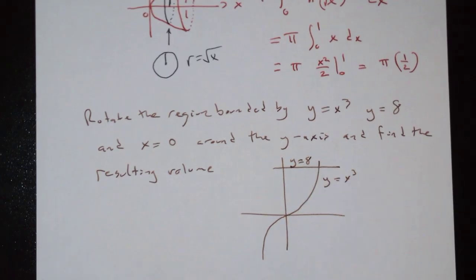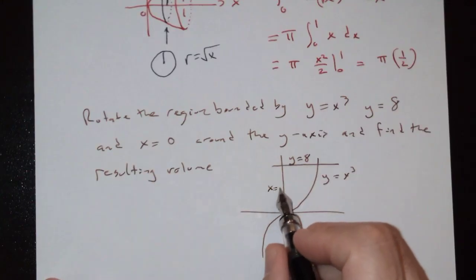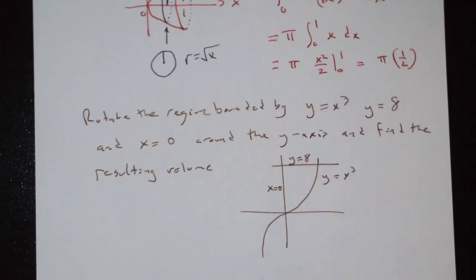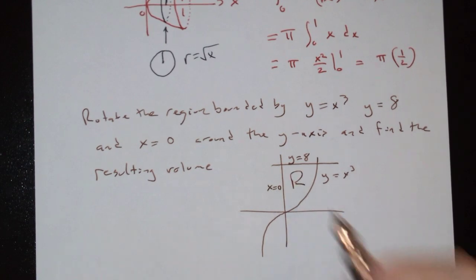What's the graph x equals 0 look like? X equals, not y equals. So it doesn't go horizontally, it goes vertically. As a matter of fact, x equals 0 is the y-axis. I have a bounded region here.